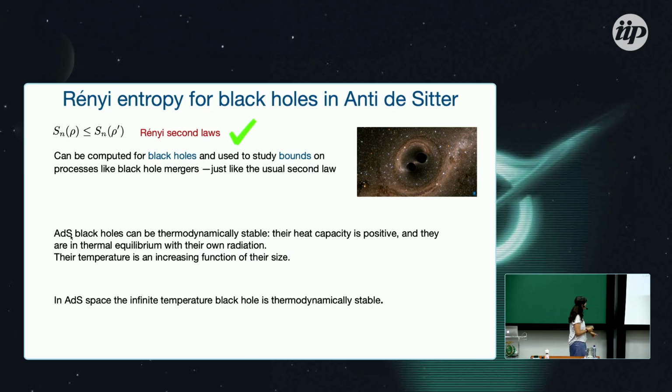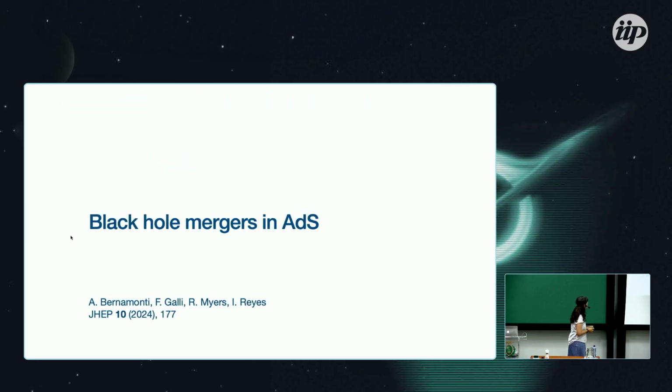So for the main part of the talk, we will look at these laws for black holes in anti-de Sitter and see what they imply. And I stress that I won't make any use of holography, just of the ensemble description of black holes.